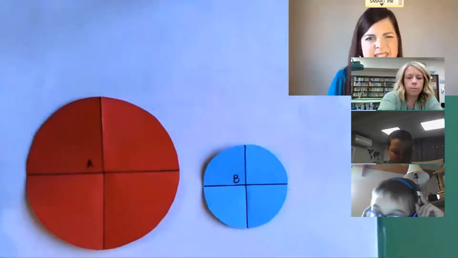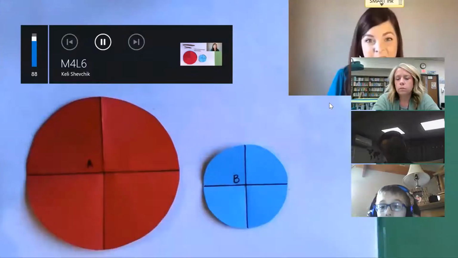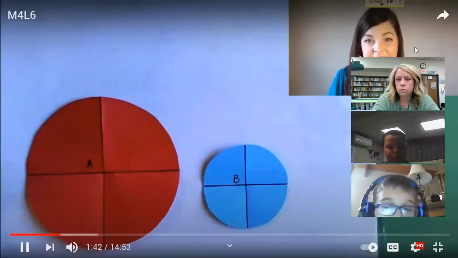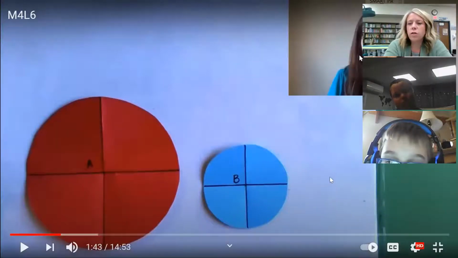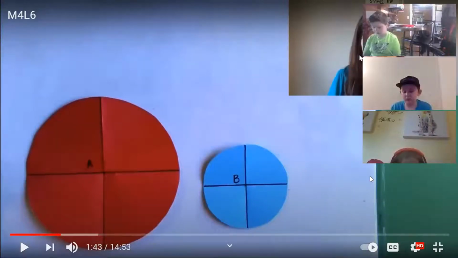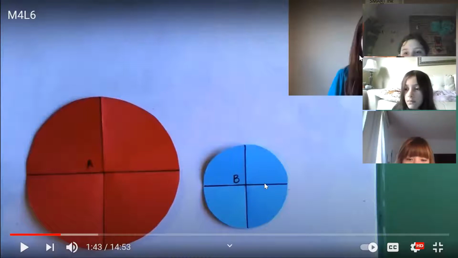So then, does the size of the circle impact the number or the size of the angles? So let's look at this. Nina, which circle is bigger? A, the circle A. So would this angle be bigger than this angle since the circle is bigger?